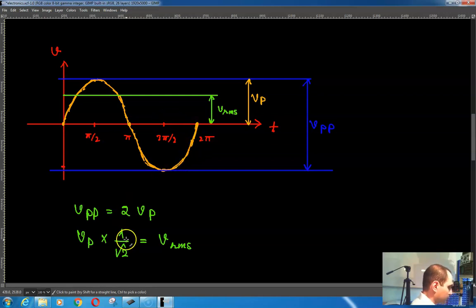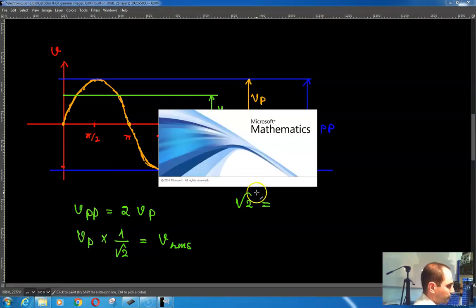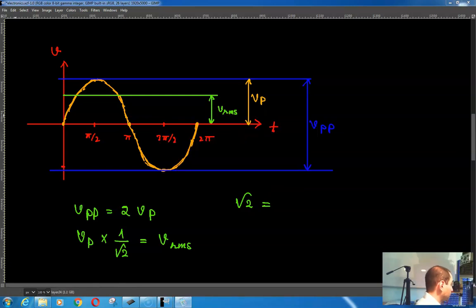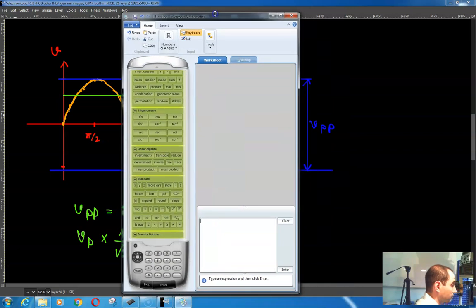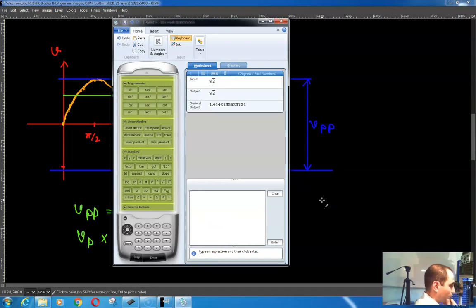The useful things that you need to know about the calculation here is that the value of square root of 2, if you ever need it, is the same thing as 1.414.